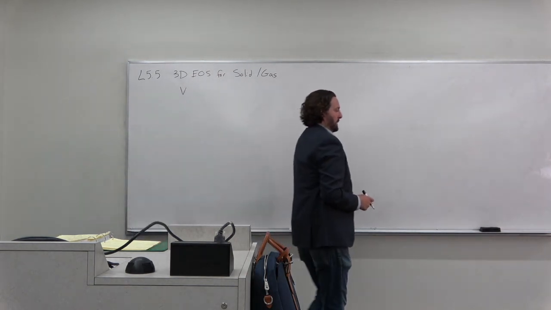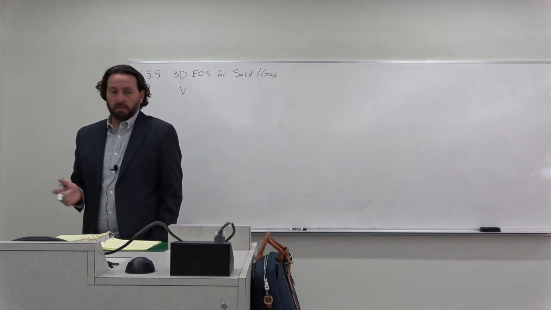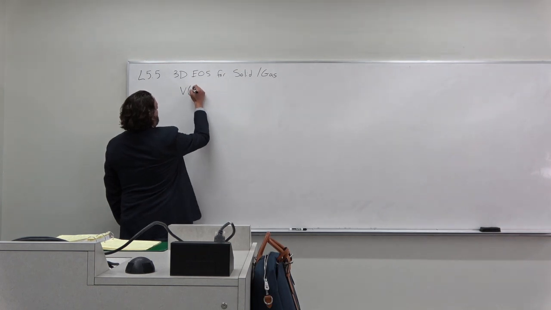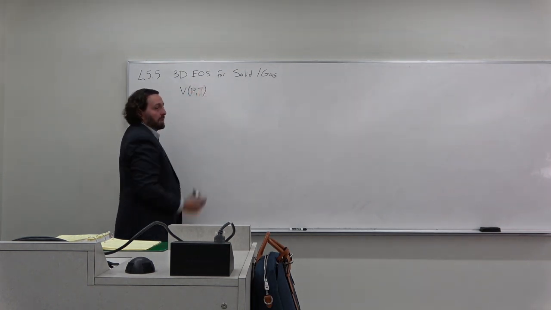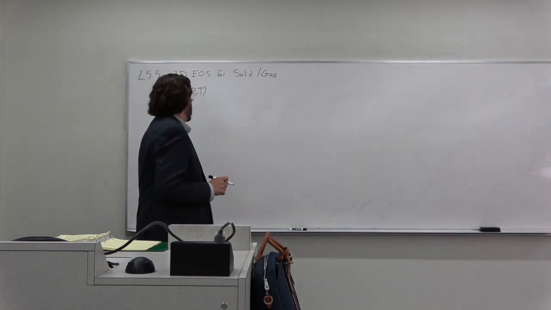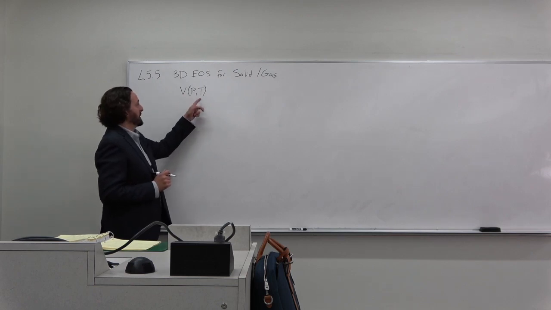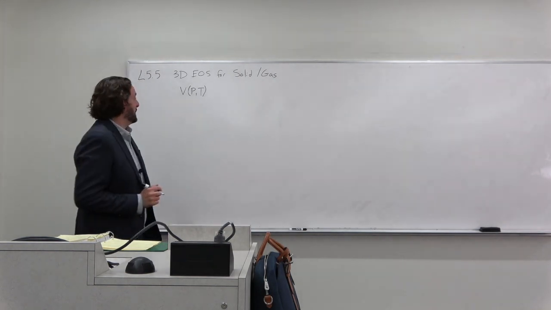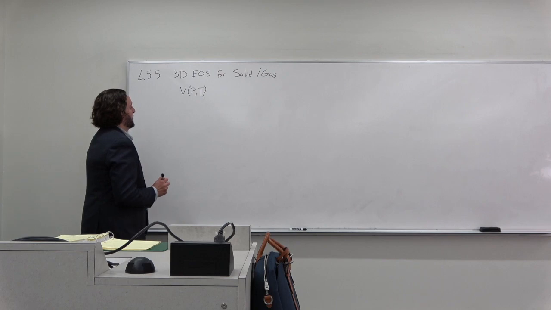So when PV equals nRT, we could rewrite it as how the volume changes with pressure and temperature. Okay, so we're going to write the equivalent for three dimensions. We're going to want to know how the volume changes with pressure and temperature. That's like the one-dimensional case, where the length depended on force and temperature. Okay? So very generally, we want to know how the volume depends on pressure and temperature.